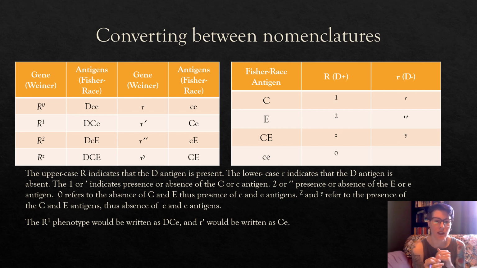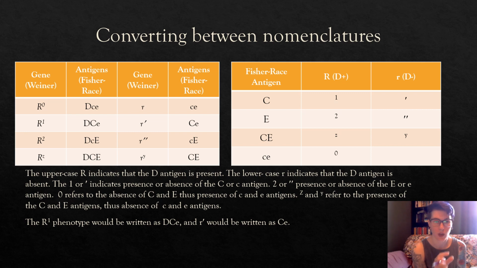So how we kind of break this down and remember it. The D equals R in Wiener terminology. So if you have a big R, you have a D antigen. If you have a little r, there's no D present. For the CE, remember that little c, little e is the reference allele. So the numbers or letters are basically telling you what's different from the reference allele.